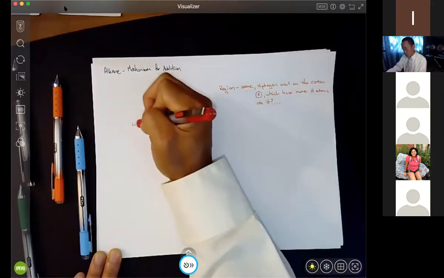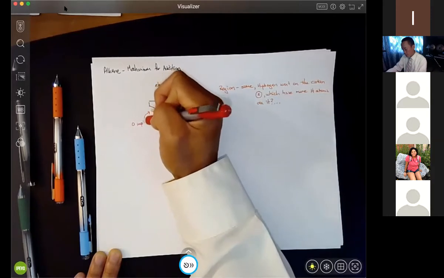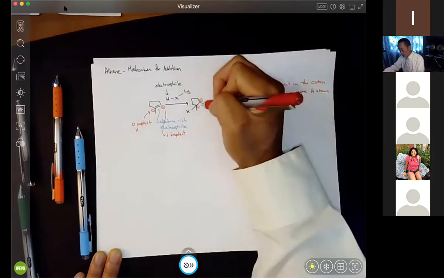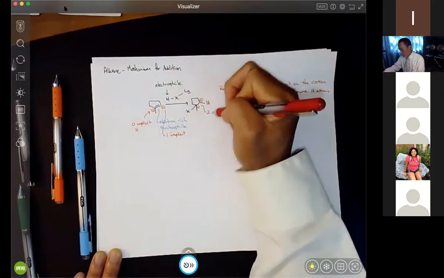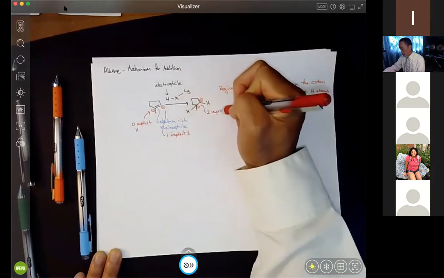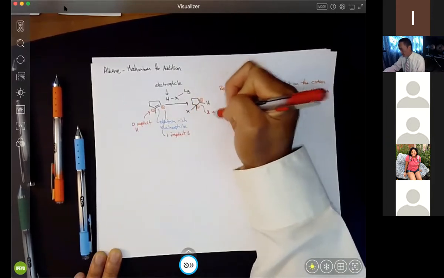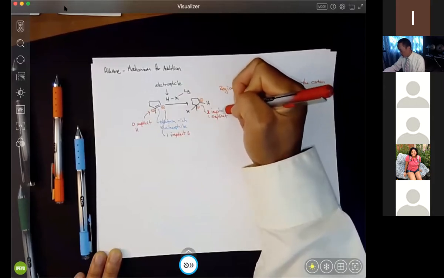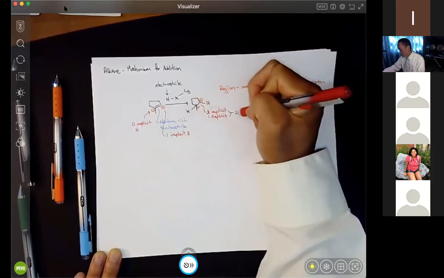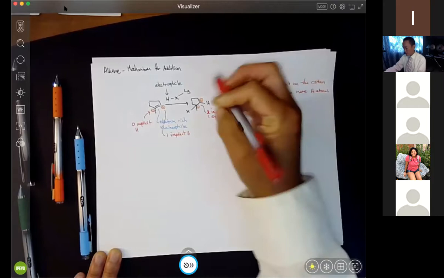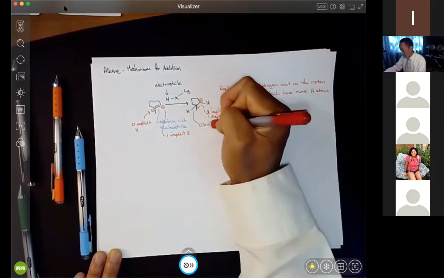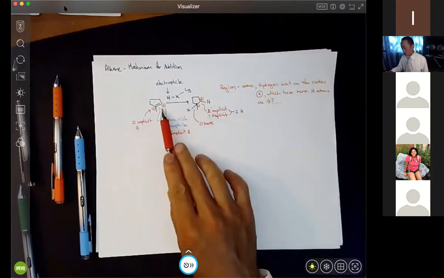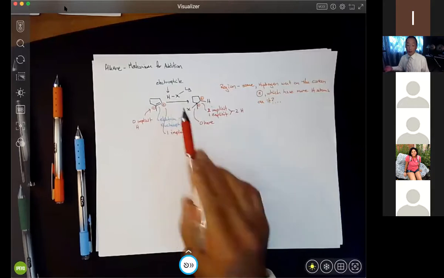There are zero implicit hydrogen atoms here. Now on this carbon atom, we have one implicit, one explicit, for a total of two hydrogen atoms here and zero here. So when we're looking at adding a hydrogen to this molecule, the hydrogen seems to be adding to the one that already has the hydrogen.